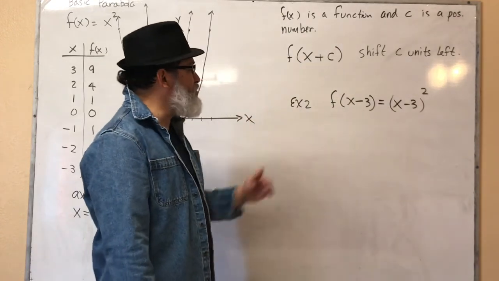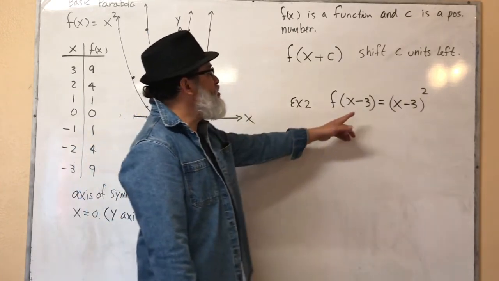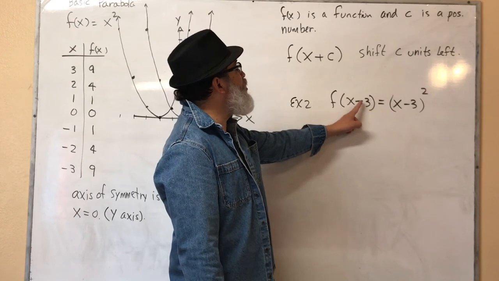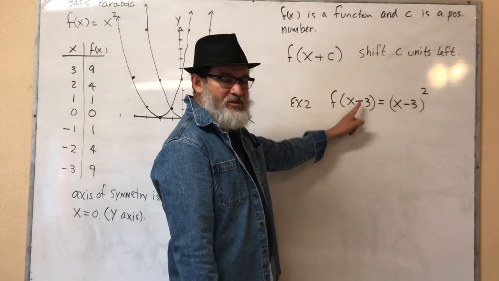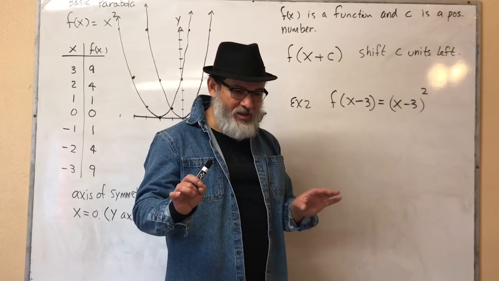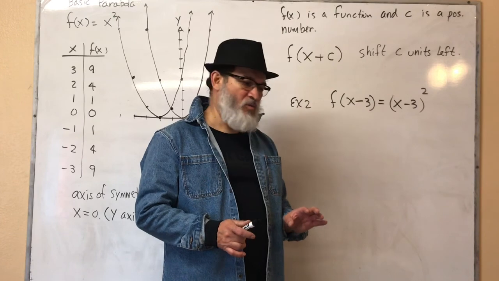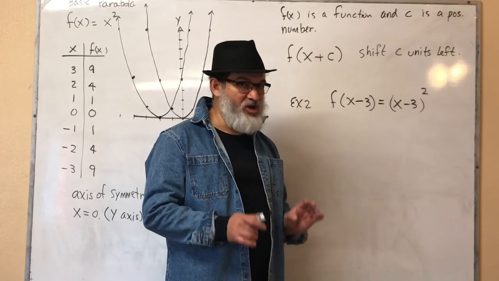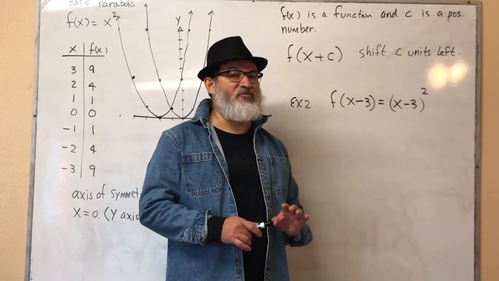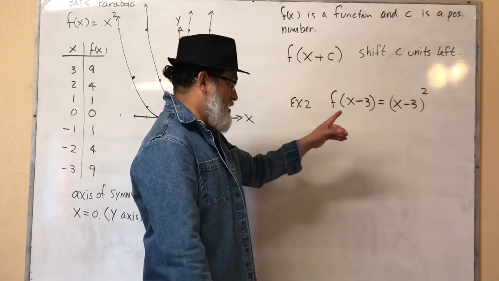That is going to shift the basic parabola 3 units to the right. So when you shift horizontally, you shift in the opposite direction. When you shift vertically, you do not shift in the opposite direction. I can show you.